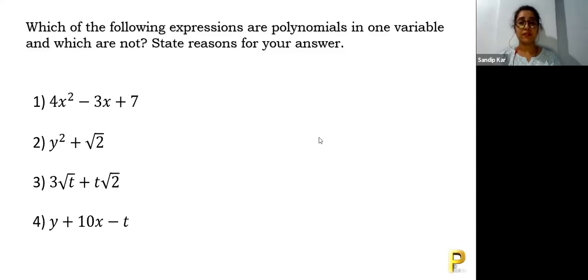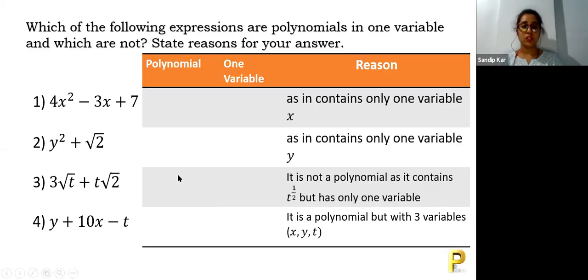Okay, let's find the answer to these questions. Let's find, first of all, is it a polynomial or not?